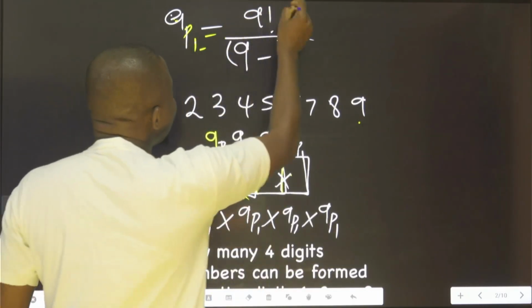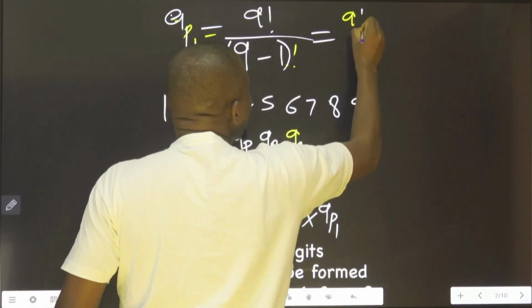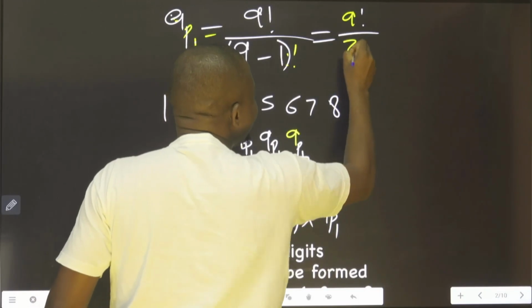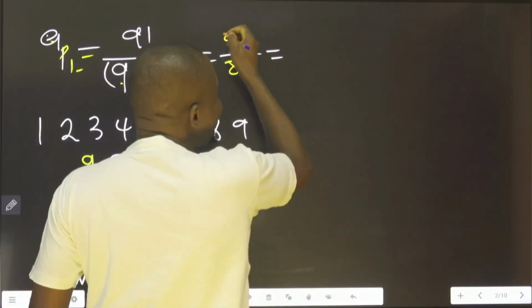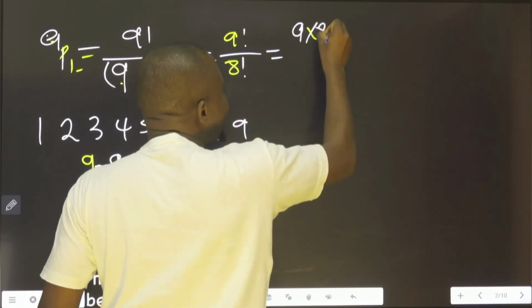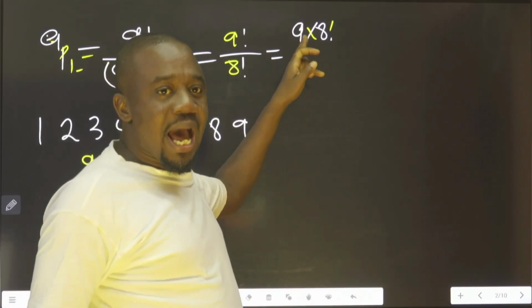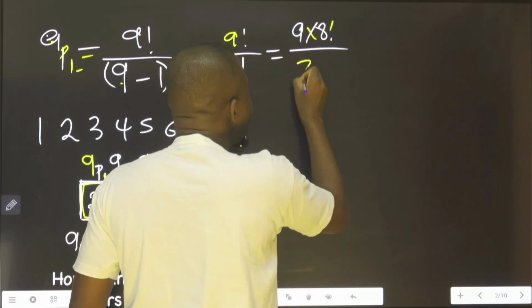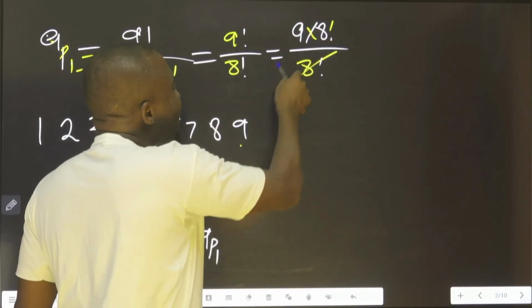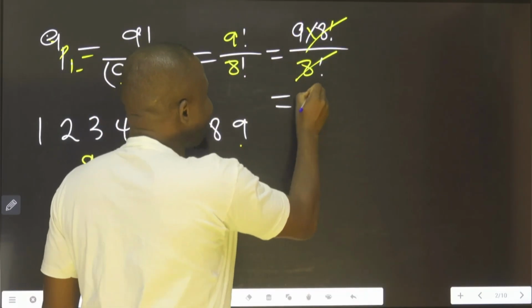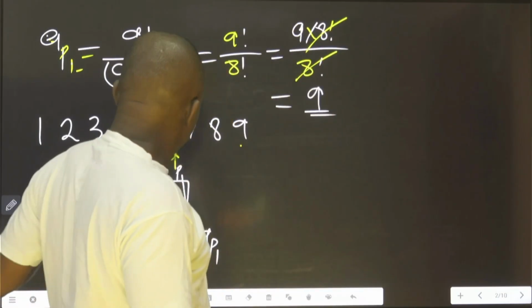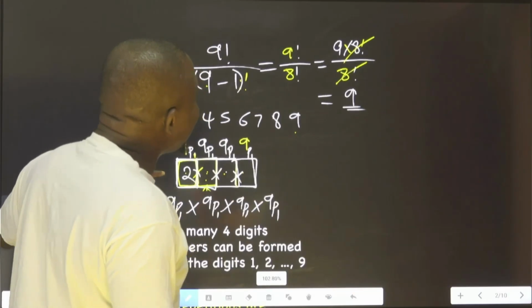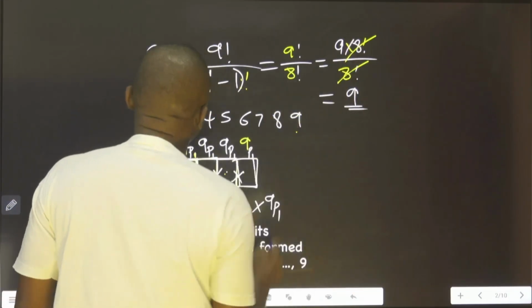It's very simple. 9 factorial over 9 minus 1, which is 8 factorial. 9 factorial means 9 multiplied by 8 factorial. I stop here because I see 8 factorial, so this and this will cancel, which will give us 9. I've actually explained the reason for this. So at the end of the day, we have 9.